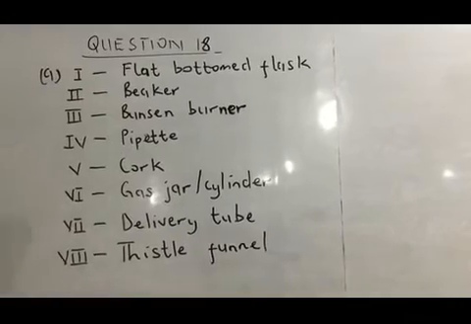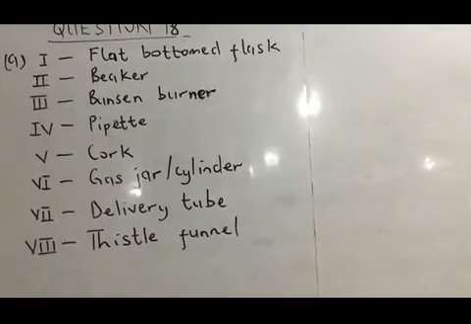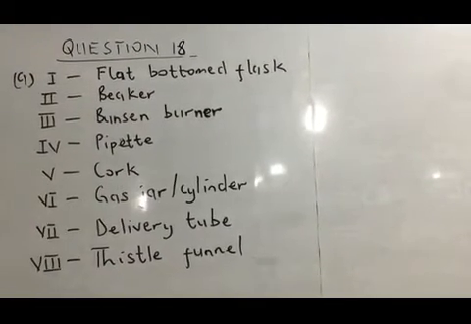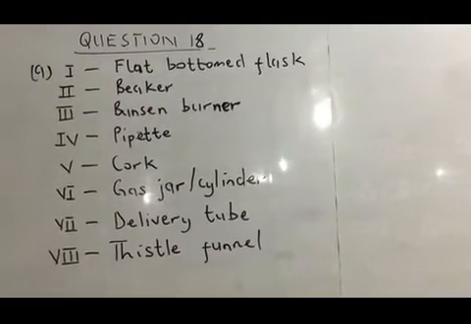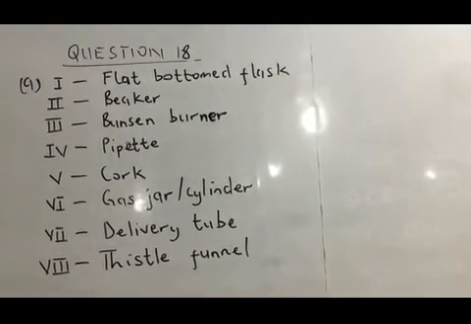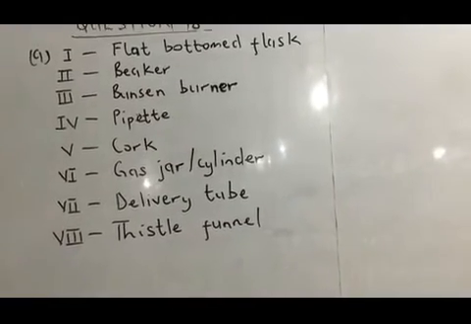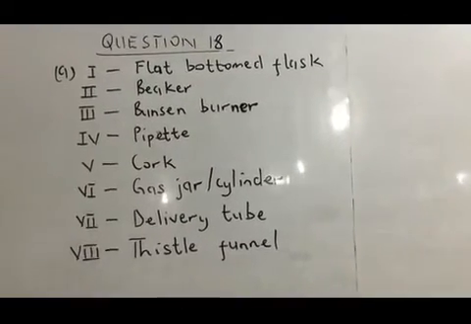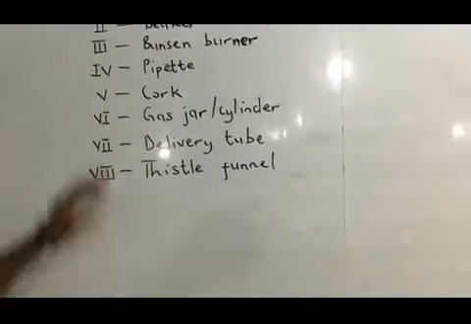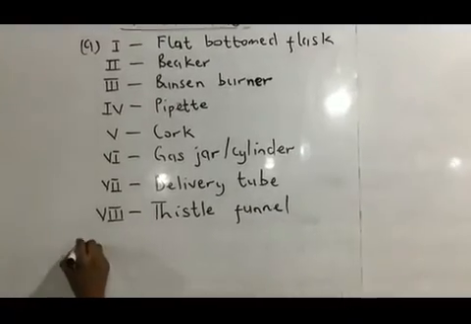Now, from this apparatus, the B is saying that you select 5 of the apparatus that could be part of a setup for laboratory preparation of carbon dioxide from calcium carbonate and then hydrochloric acid. So you are choosing 5 out of the 8 apparatus that can be used in a setup for preparation of carbon dioxide.